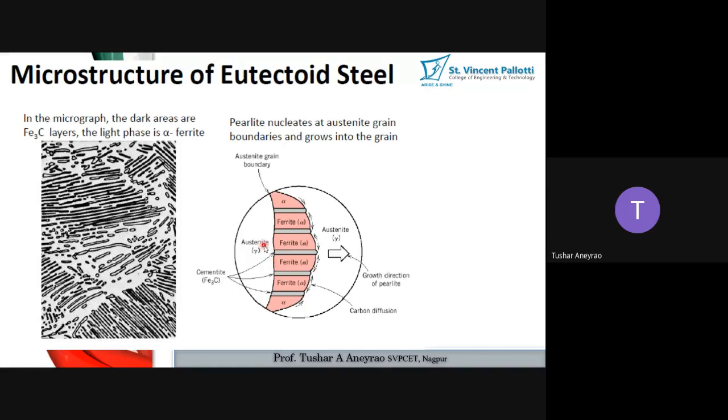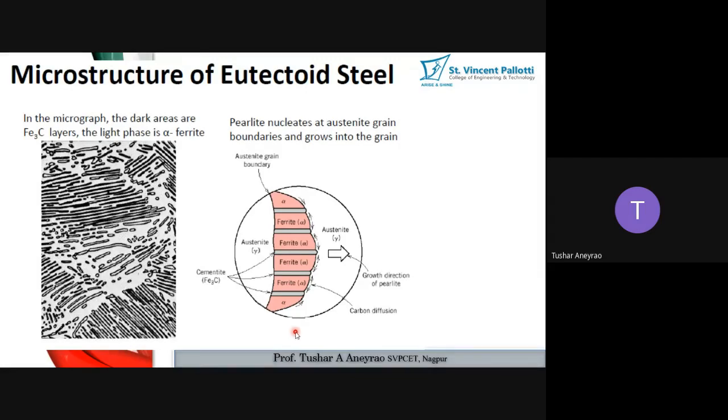But still, I would like to comment on this iron carbon diagram: practically, even after this decomposition of austenite into perlite, some amount of austenite is always present in the form of retained austenite. Okay, so you should keep in mind that there is a concept of retained austenite.